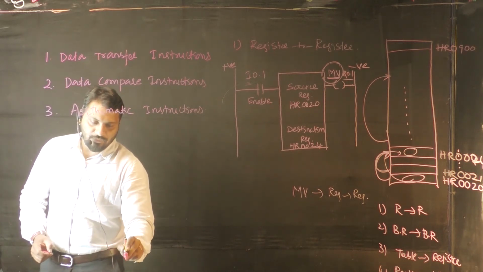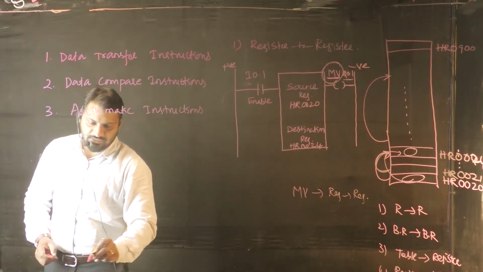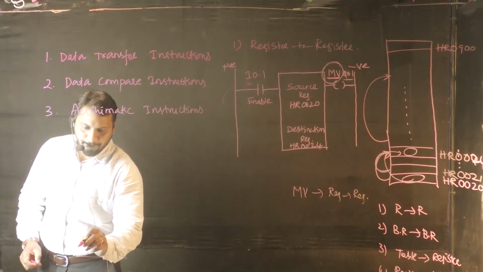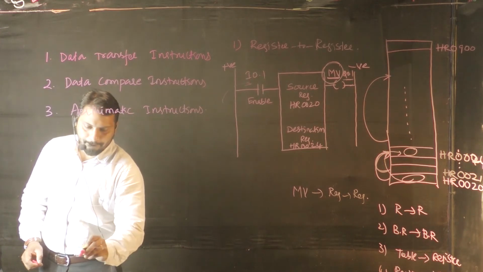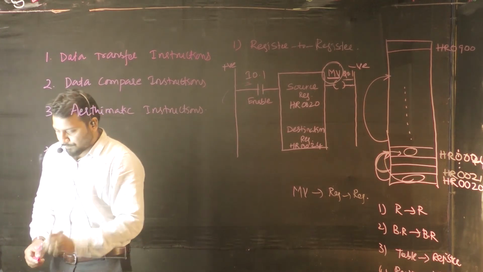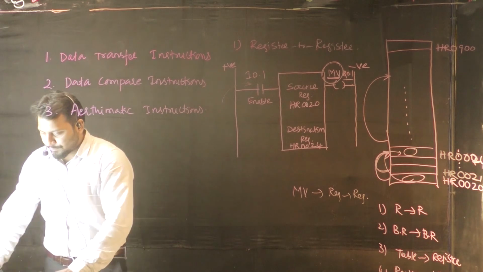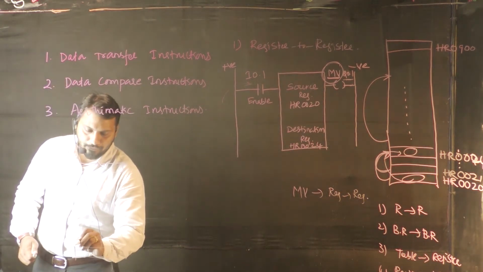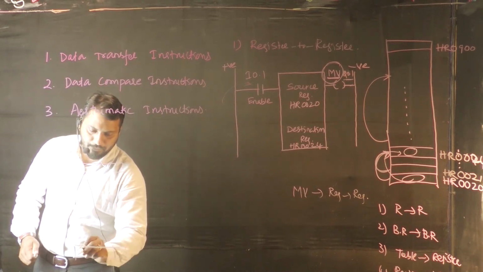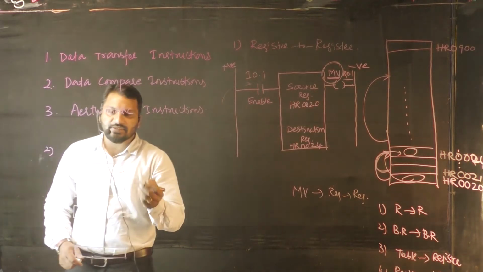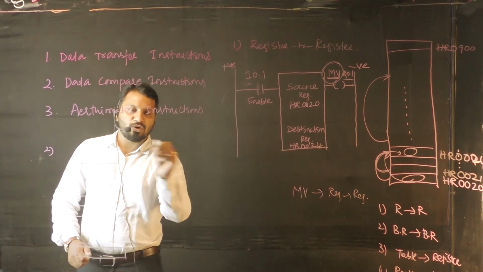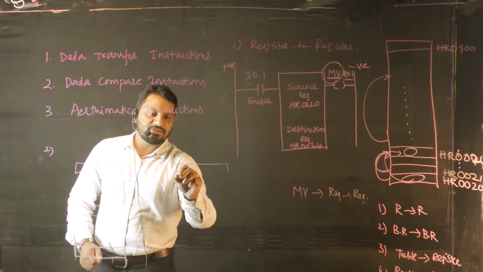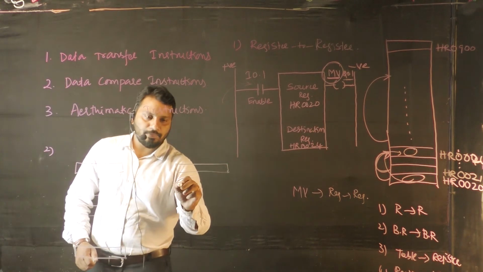Like this, for example, these are 10 registers. These are the 10 source register data. You want to move them to some other 10 registers, the destination registers.